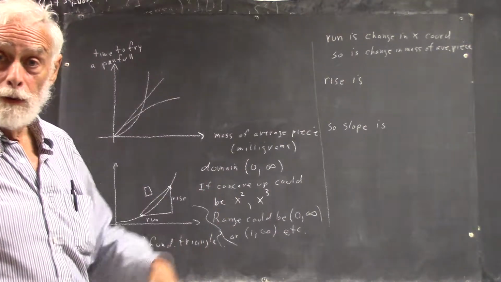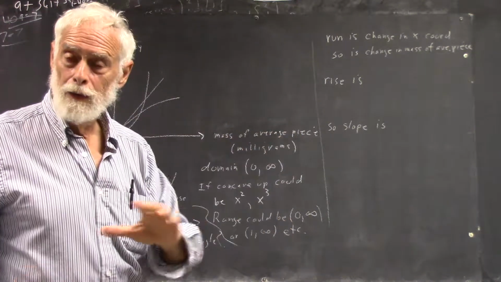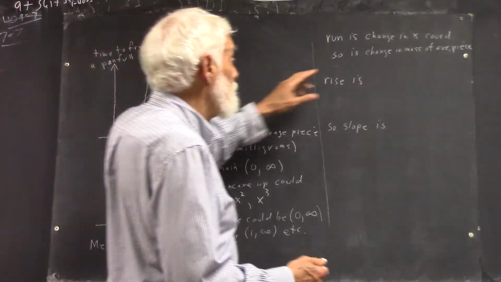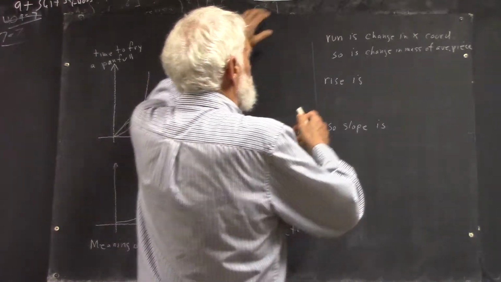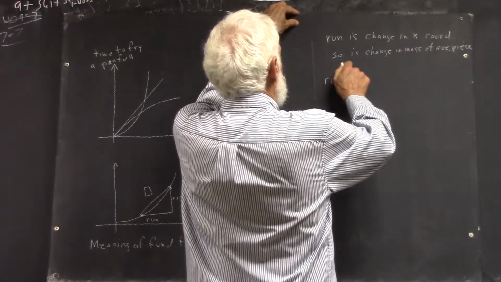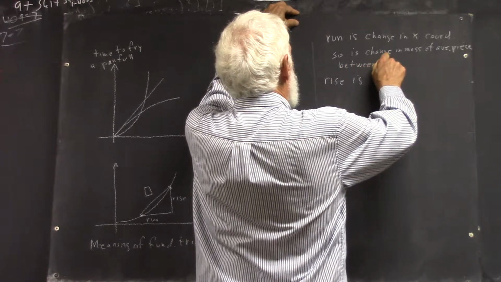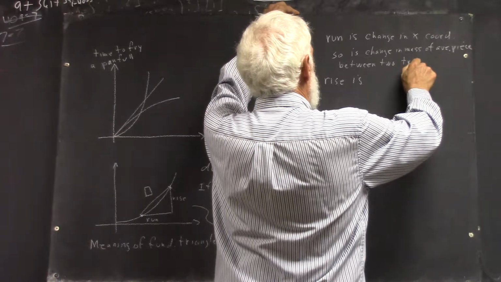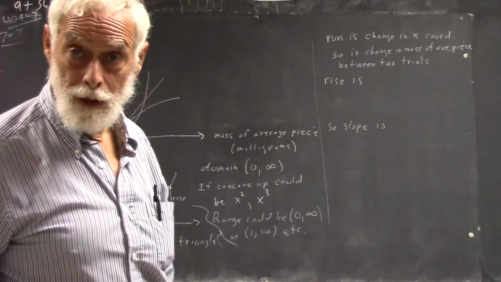Okay, that gives us 2 points in the graph. Okay, if we got a nice curve, then we can kind of extrapolate to other sizes. Okay, so change in mass of an average piece between two trials, okay?